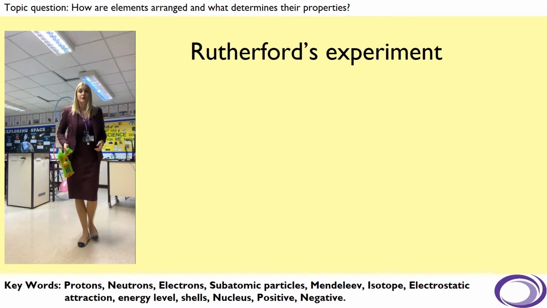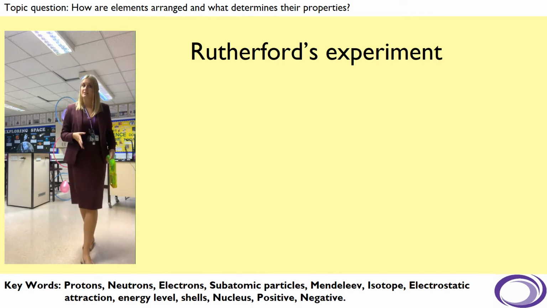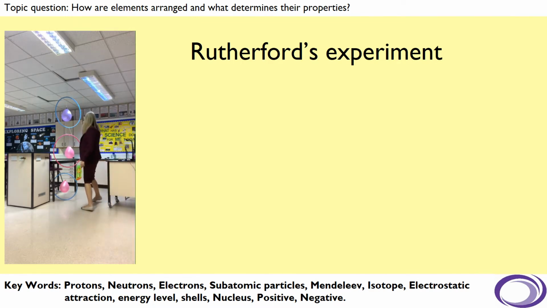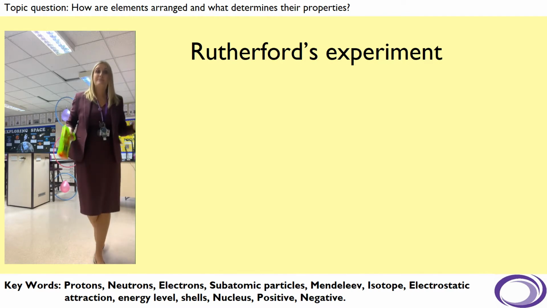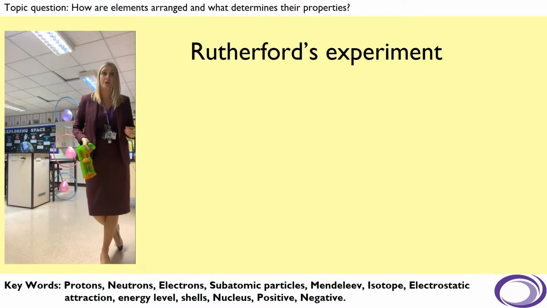This is a model which can be used to demonstrate Rutherford's alpha particle scattering experiment. The hoops and balloons behind me represent his sheet of gold, where the balloons are the positive nuclei. Rutherford expected his experiment to actually prove the plum pudding model.